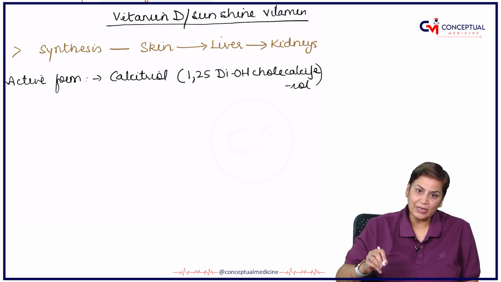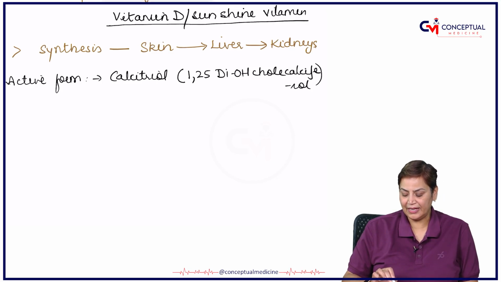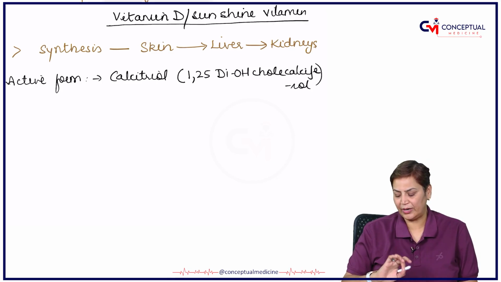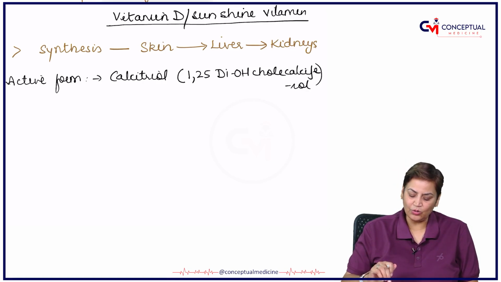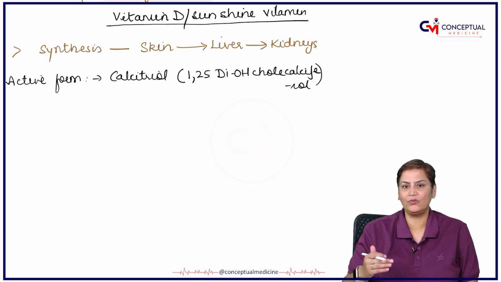So the full name of calcitriol is 1,25-dihydroxycholecalciferol. And just now I told you this is the hierarchy of the synthesis of vitamin D.